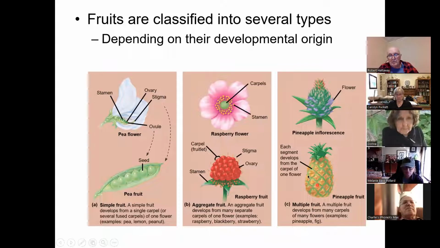Each of these is a separate flower. Now the most difficult concept is, you know what mulberry looks like, I hope. Mulberry looks like a blackberry or raspberry, but the individual segments of a mulberry come from separate flowers. Therefore, it's a multiple fruit developing from many carpels, many flowers fused together like the pineapple.